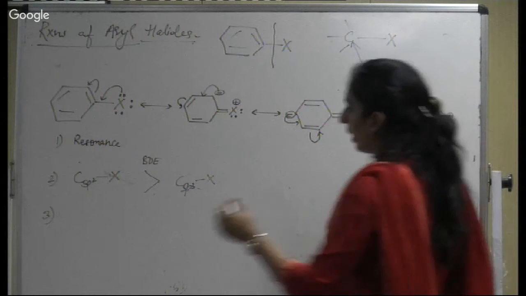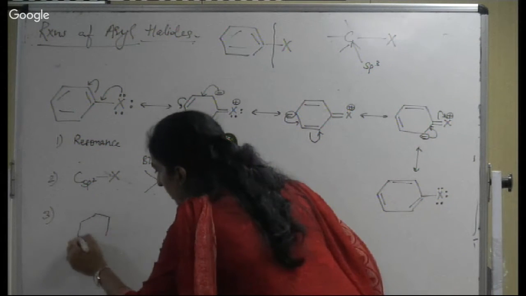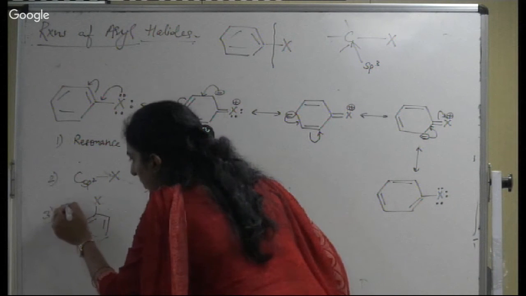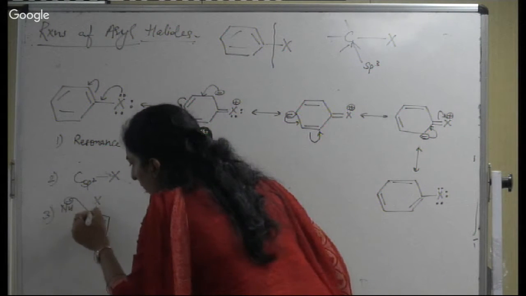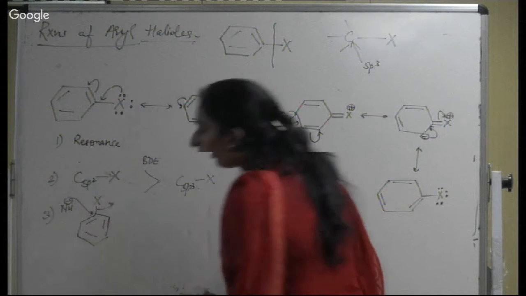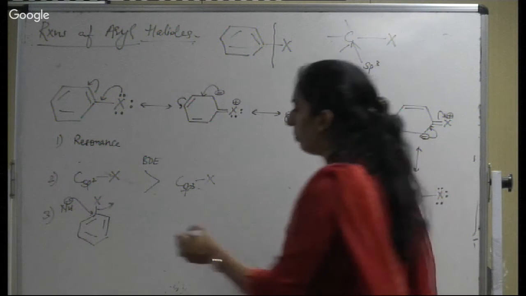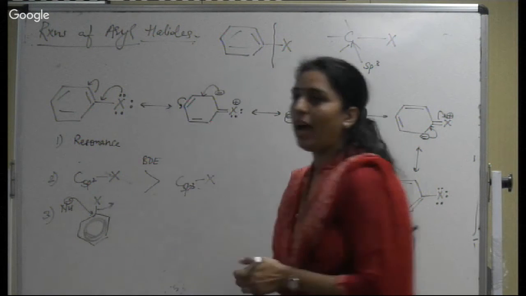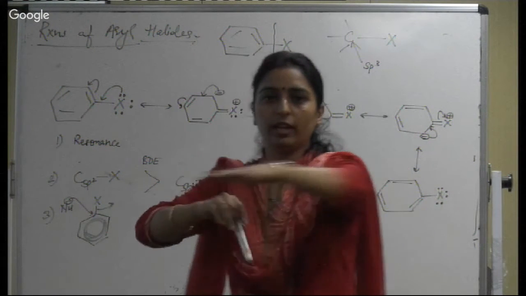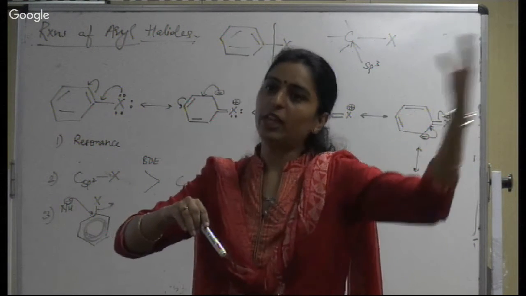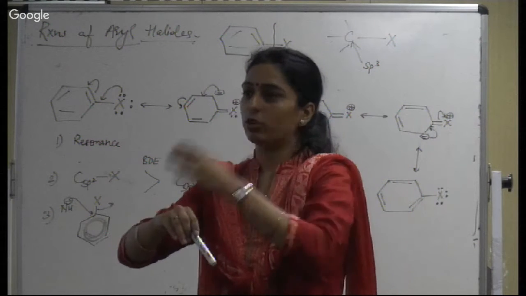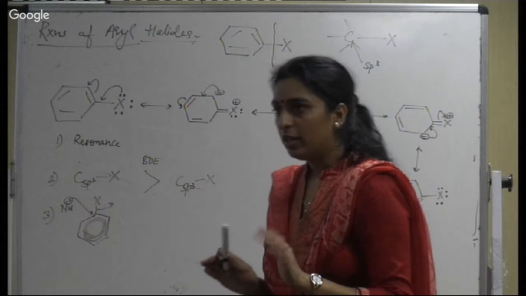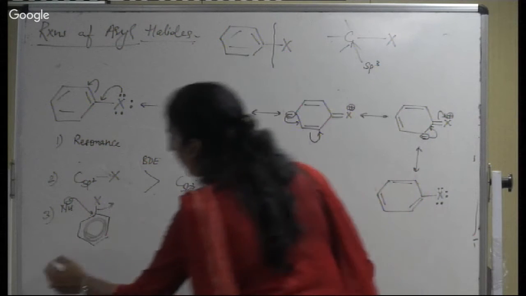Secondly, if you think that some SN2 type reaction can take place, the nucleophile should attack and halide should leave. It is not possible because there is a high charge density on the aromatic ring. It will definitely repel the incoming nucleophile with electrostatic repulsion. Am I clear? So there are mainly four or five reasons for this.